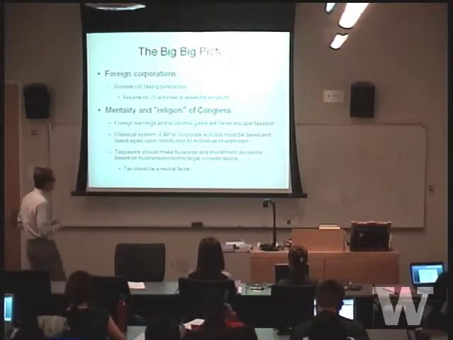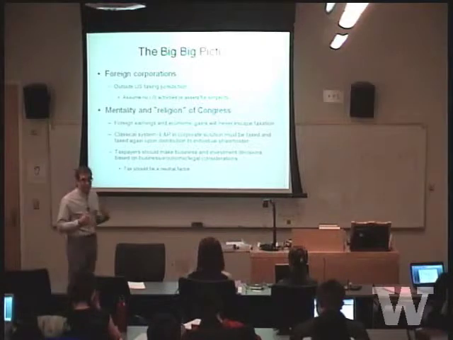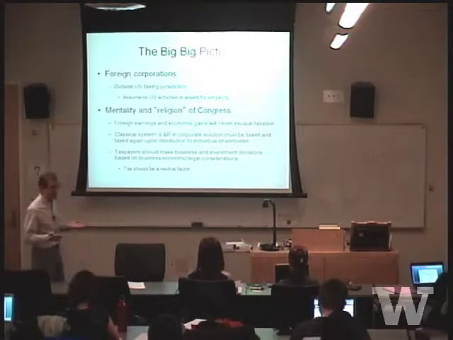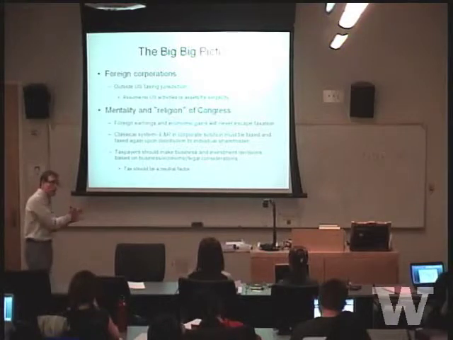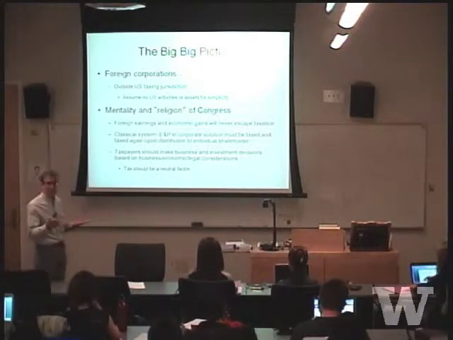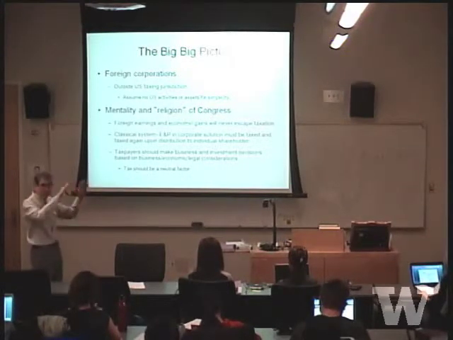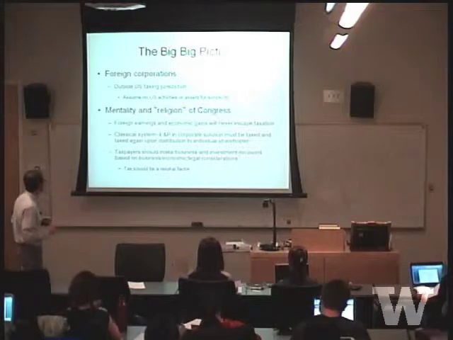Now, Congress and the Treasury Department and so on, they have a mentality. And that mentality affects what we have in our laws. And again, that's part of our environment.